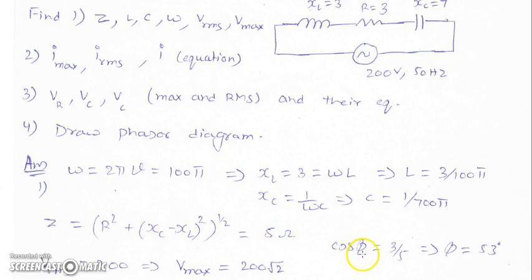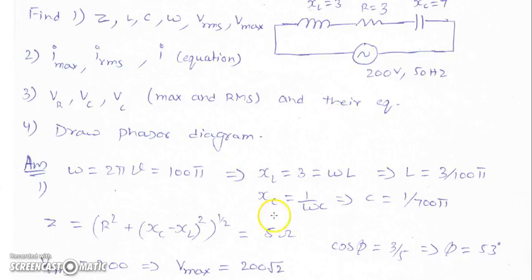Power factor was not asked, but we have calculated it as 3 by 5, R by Z. Phi is 53 degrees, so as the capacitance is more, current will lead by an angle of 53 degrees. Okay, Vrms is 200, given.